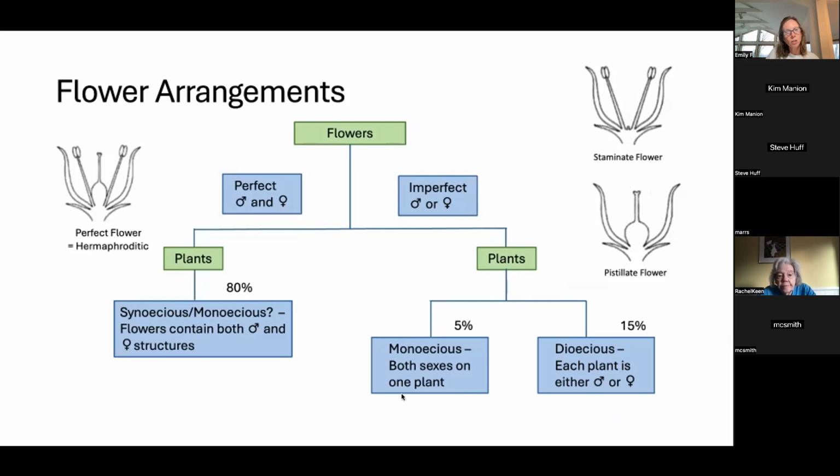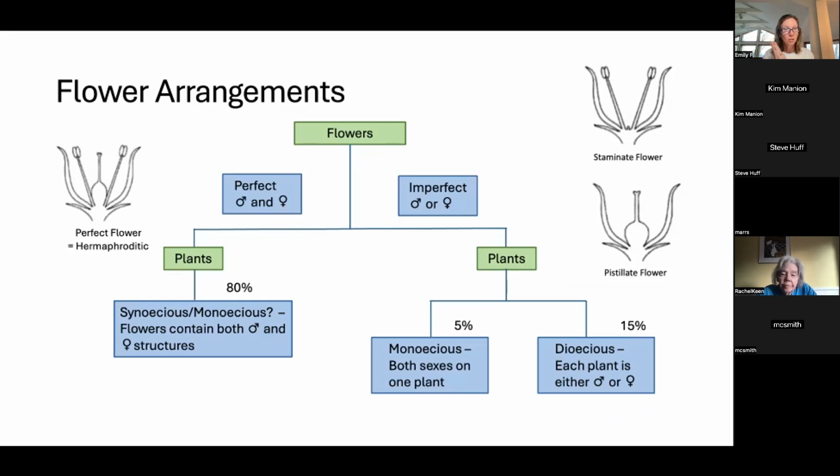And then there's monoecious here, and there's only 5% of those, which is interesting because I used to think that monoecious meant has both sexes on a plant, but this actually means that it has both pistillate and staminate flowers on the same tree. So they are not perfect flowers or hermaphroditic or bisexual flowers.